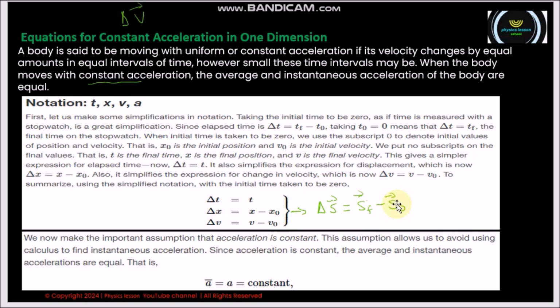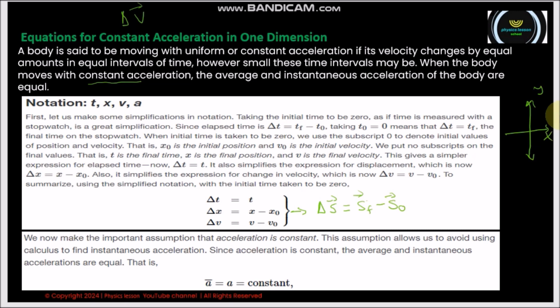No need to be confused, because we are on the horizontal axis, since the body is moving on the horizontal. That means we put vectors on the xy plane. Don't forget, this is very important. This is the y, the vertical, and the horizontal, the x.